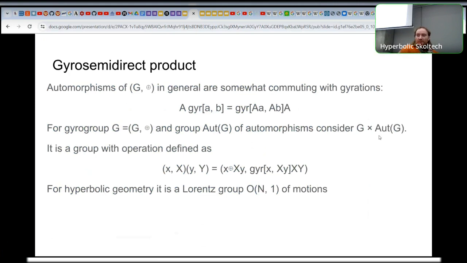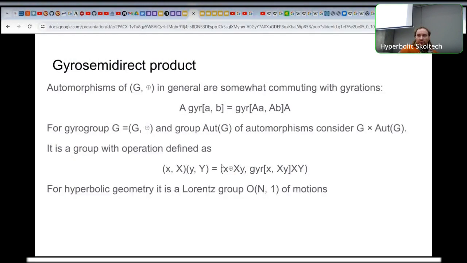Here G is basically the space of gyrovectors. As I imagine it, when we define a semi-direct product, we want to work with some new space.